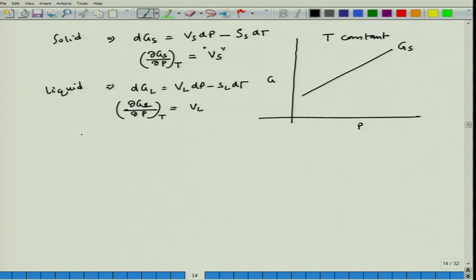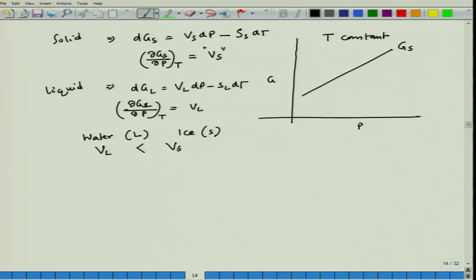Now, in case of water, if we consider liquid as well as solid, that means ice, and if we see the molar volume of liquid water and ice at 0 degrees Celsius, when the pressure is 1 atmosphere, the molar volume of liquid water is less than the molar volume of solid water.